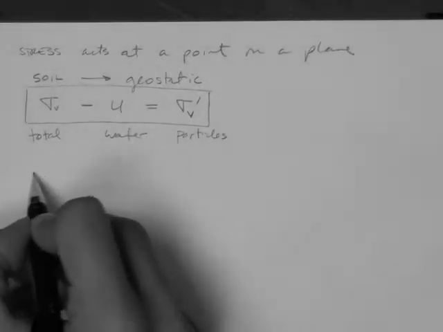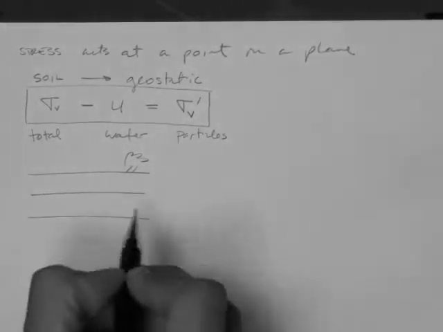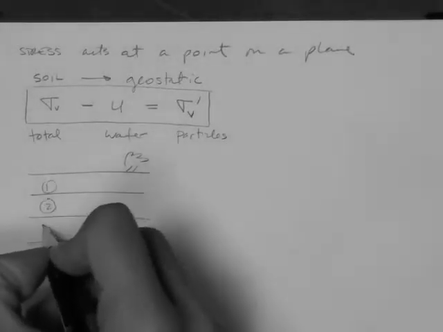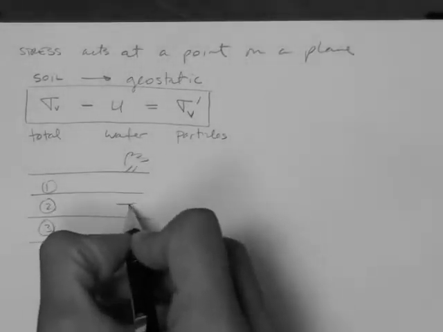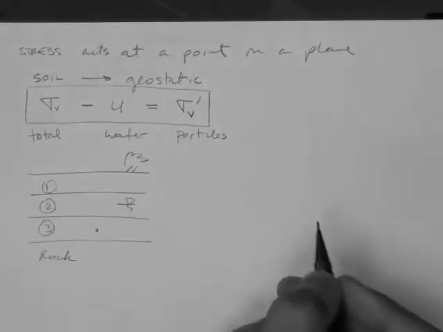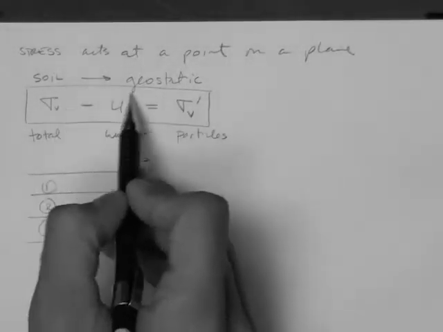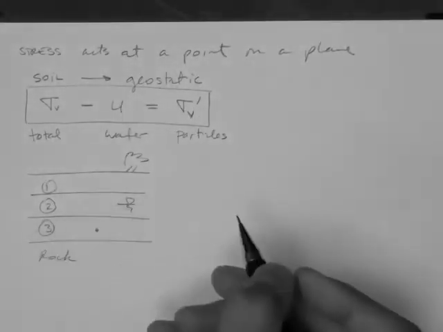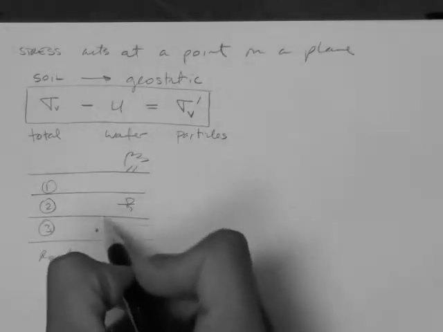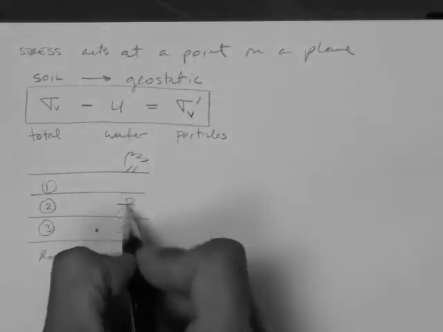So we had a situation, for example, where we had three layers, 1, 2, 3. Water table might be here in the second one, and let's say we have a point here. To be able to find these three geostatic stresses at this point, we need to consider what's above the point. For the case of U, we consider the water above the point.